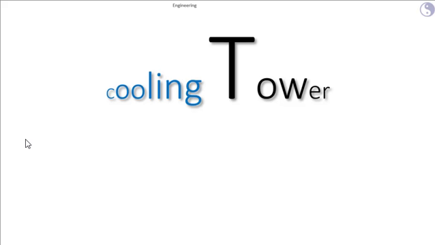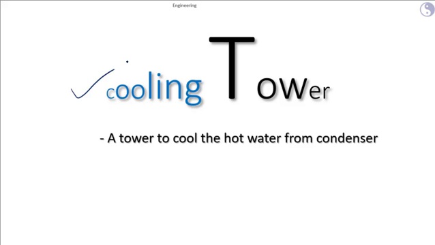Basically, a cooling tower ensures the reuse of cooling water for the condenser. Reusing the water from the condenser, it has to be cooled again, and that is why a cooling tower is required. A tower to cool the hot water from the condenser. That is a simple definition of a cooling tower.